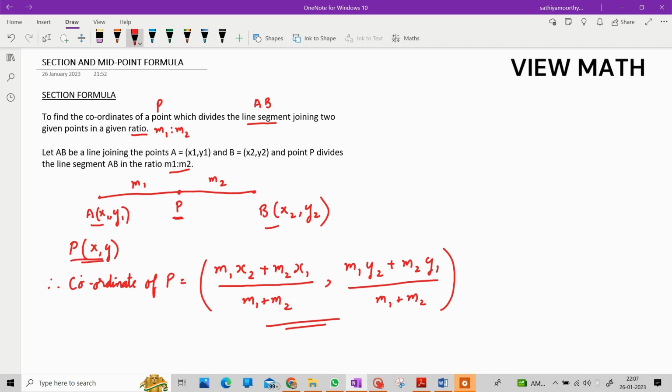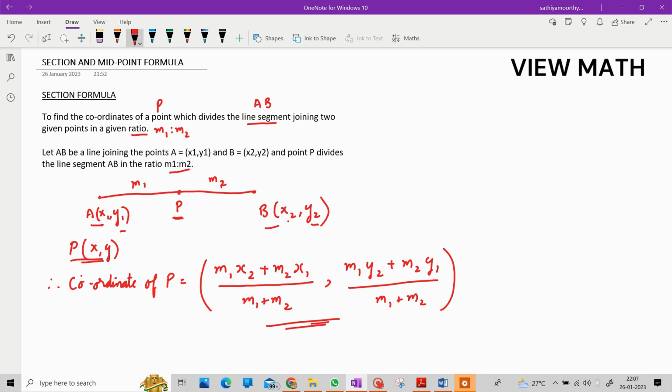The coordinate of P is m1 x2 plus m2 x1, that is m1 into the x2 coordinate, m2 into the x1 coordinate, divided by m1 plus m2. Y coordinate is again m1 into y2 plus m2 into y1 divided by m1 plus m2.